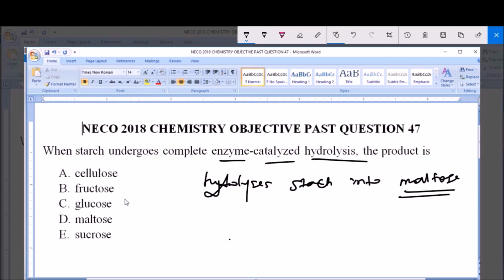Then B says fructose. It will not be given when starch is fully hydrolyzed. C says glucose, which is also a monosaccharide, and also will not be given when starch is hydrolyzed. So maltose is what is produced when starch is hydrolyzed by complete enzyme catalyzed hydrolysis. So the answer to this question is option D, maltose.